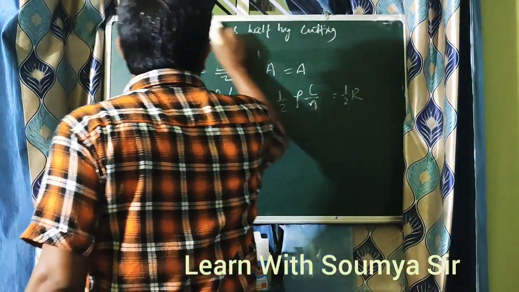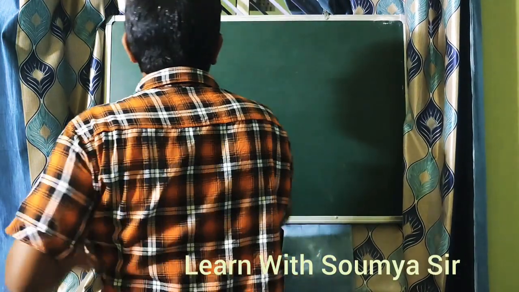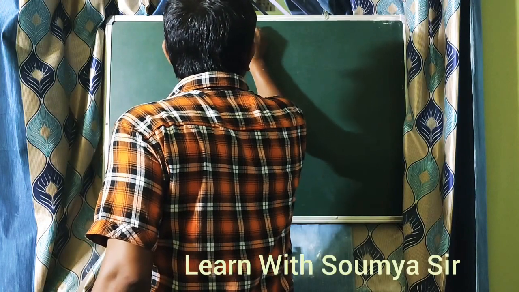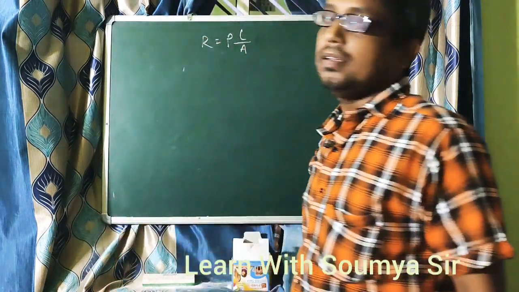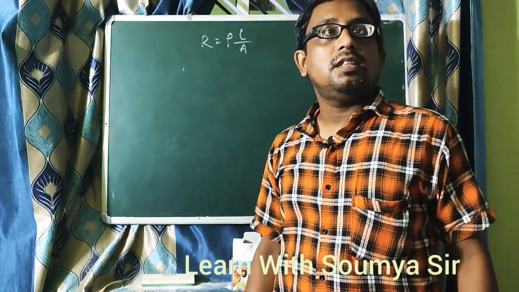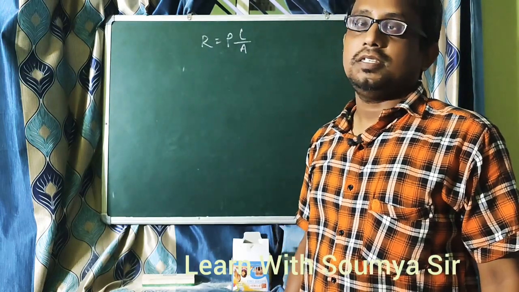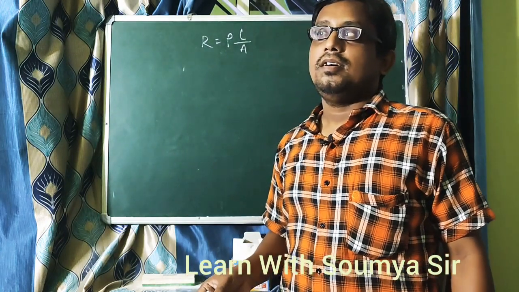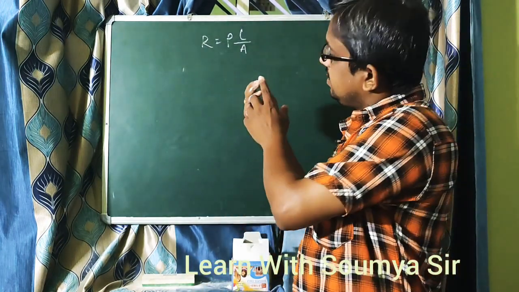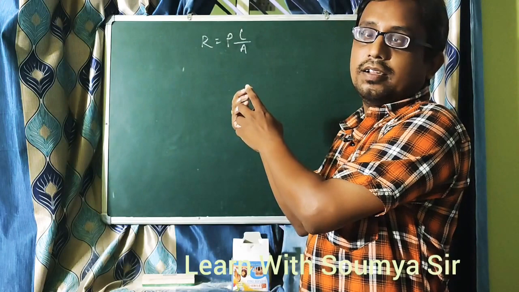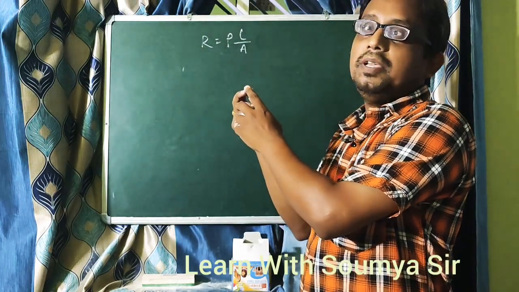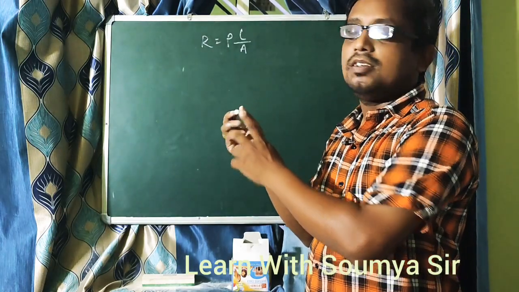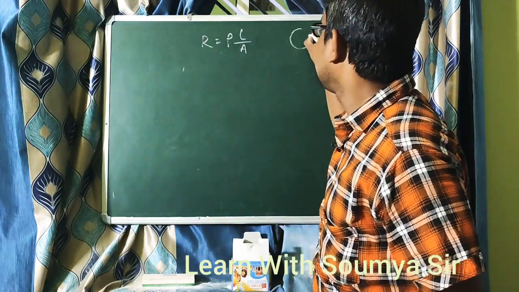Now we have read R = ρL/A. Let us consider the area of cross section. If we view the conductor sidewise, you will find the area of cross section of the conductor will be circular.